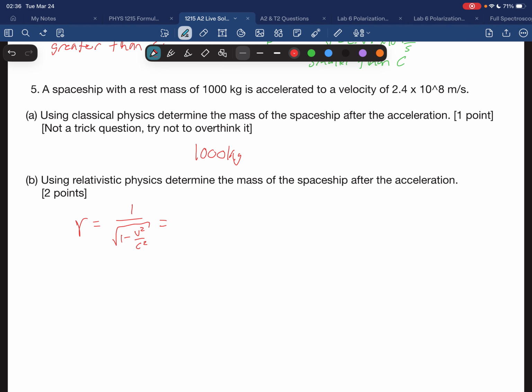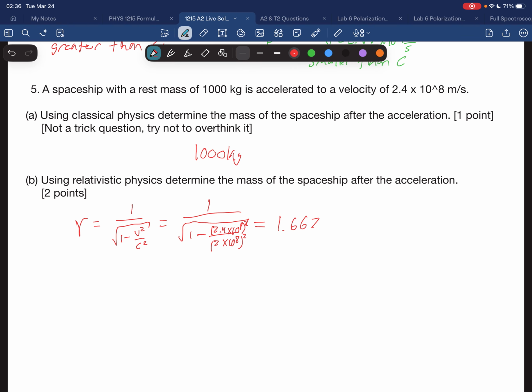And let's figure out what this gamma factor is. Let's start with this. So 1 over square root of 1 minus, our velocity was 2.4 times 10 to the 8 over 3 times 10 to the 8. And remember that these are both squared. There we go. Plugging all that in, you get about 1.667.